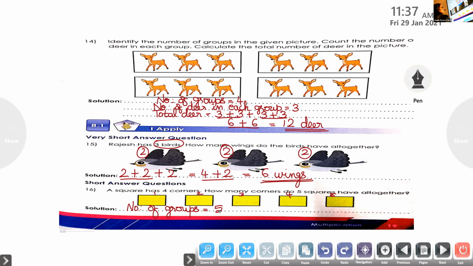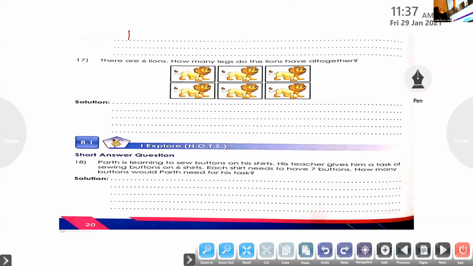Ryan, what should be the next statement? Number of each group. Number of? Each group. Number of what in each group?